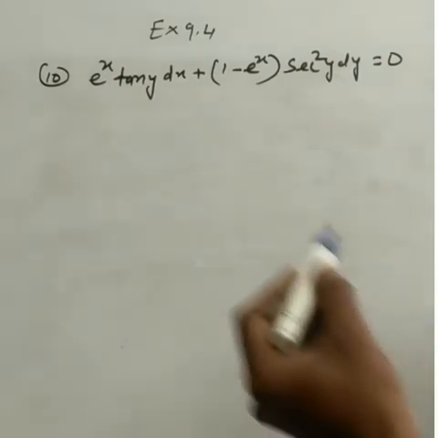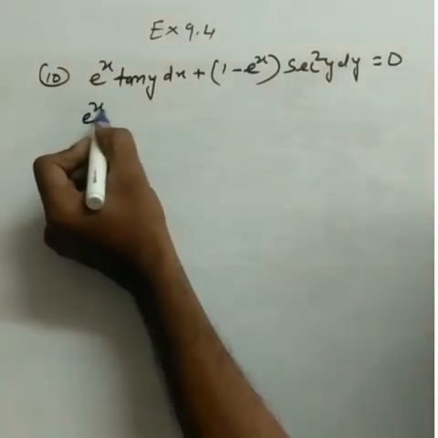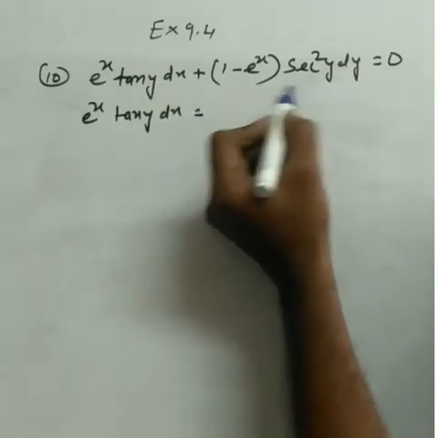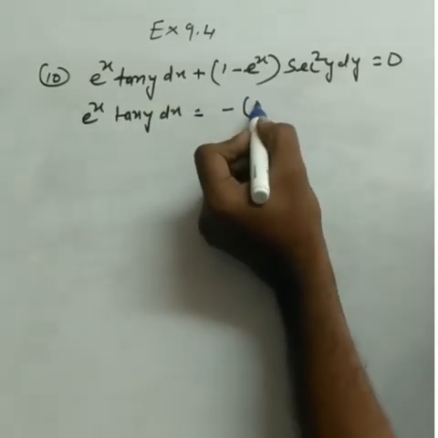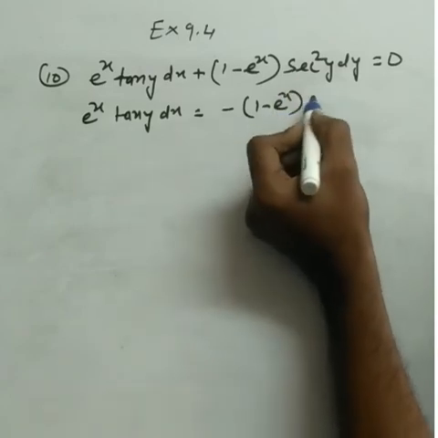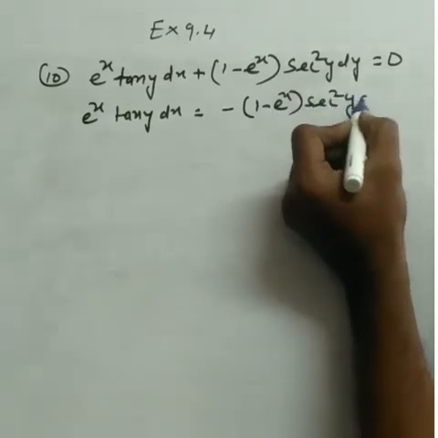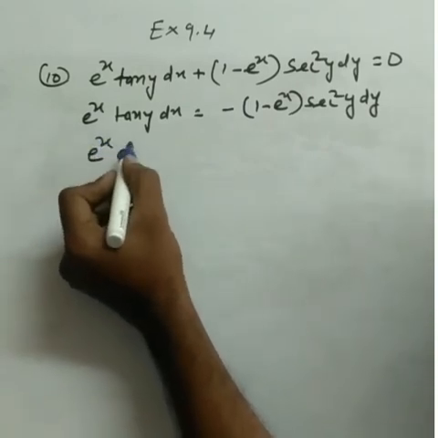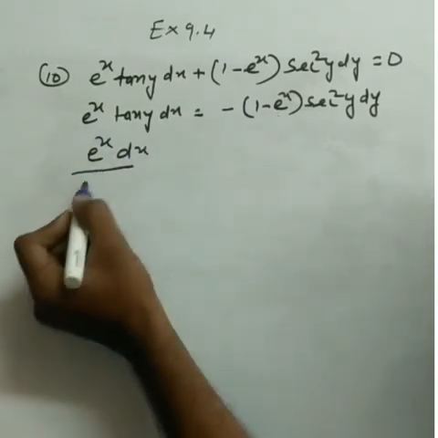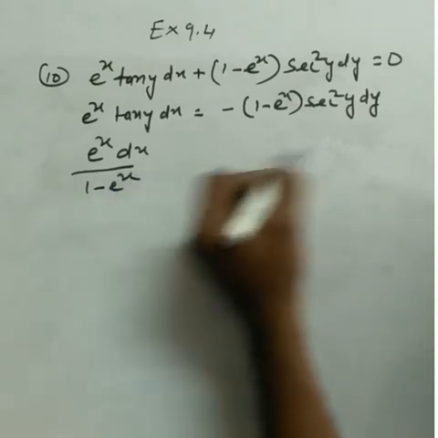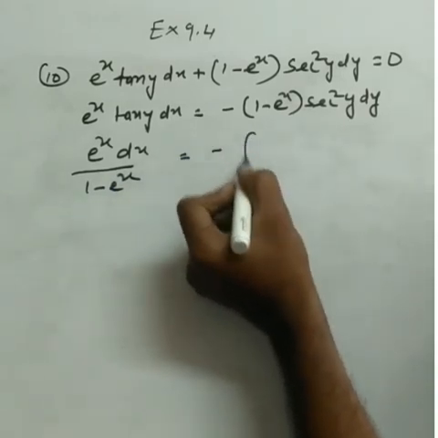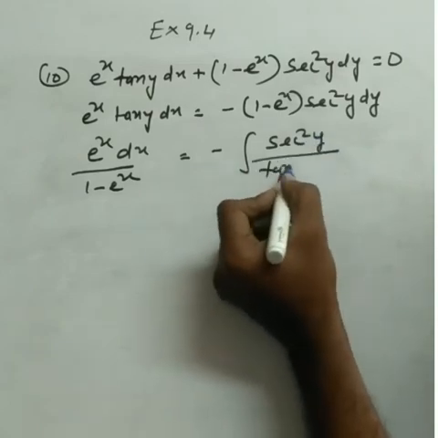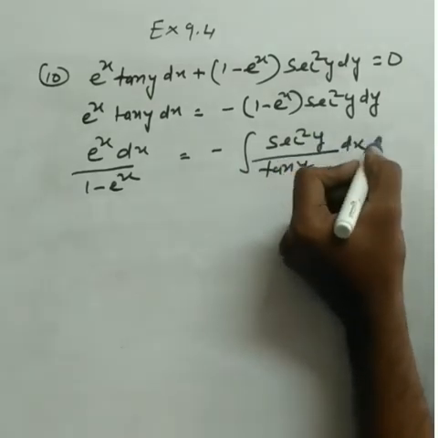Here we separate the variables. e power x tan y dx equals minus 1 minus e power x sec square of y dy. e power x dx, shift this in the denominator, 1 minus e power x, minus sec square of y upon tan y and dy.